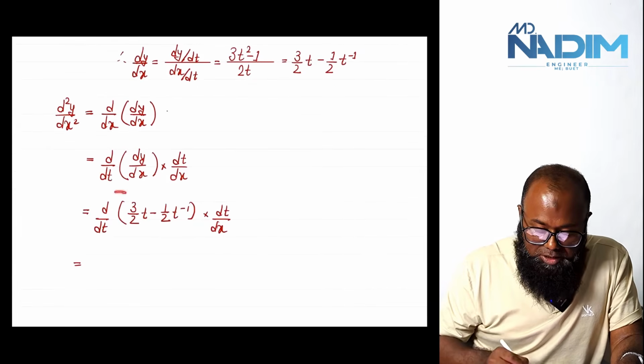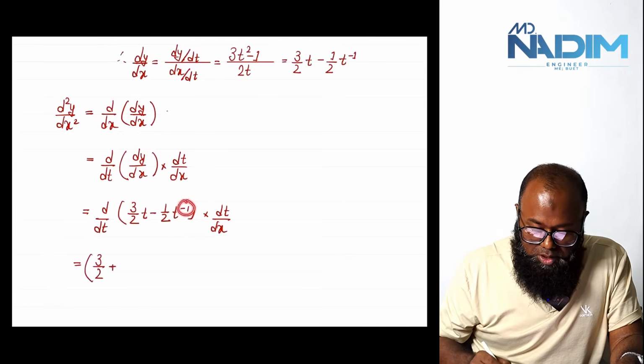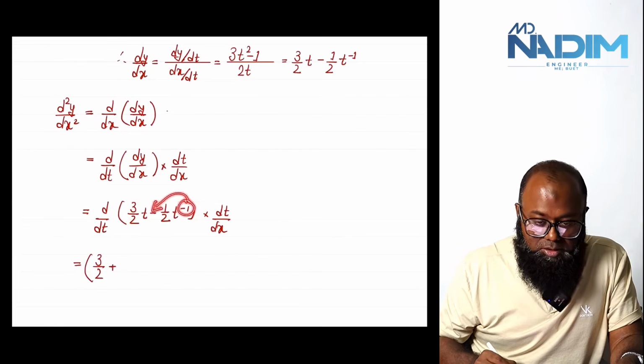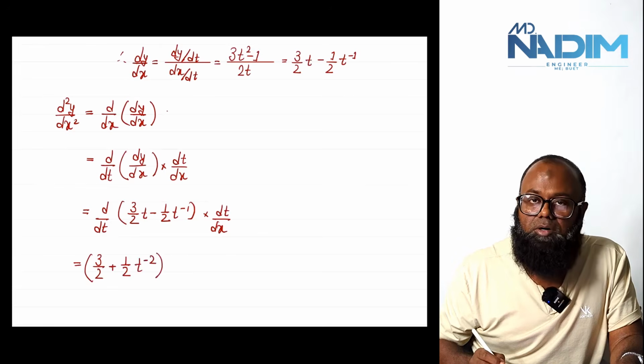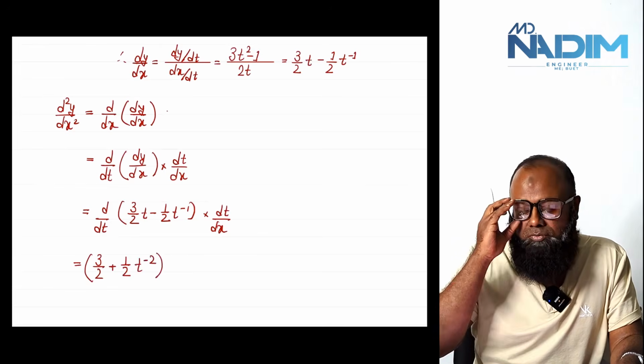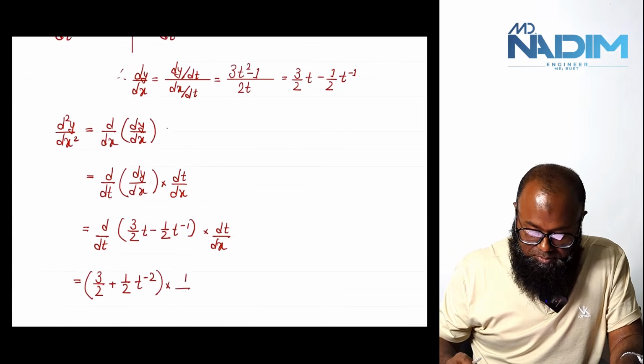So if I differentiate this, this is 3 by 2 minus 1 minus, it would be plus, so half t to the power minus 2, n x to the power n minus 1. Simple formula of differentiation. Into dt by dx is 1 over 2t.